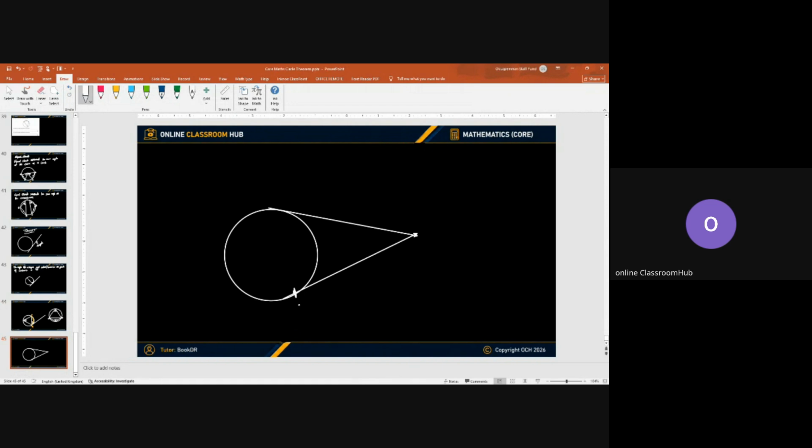Let me call here A, here B, and then P. The line AP is equal to the line BP. That theorem says that two tangents drawn from an external point to a circle are equal.